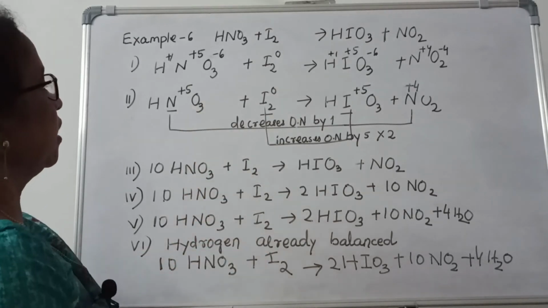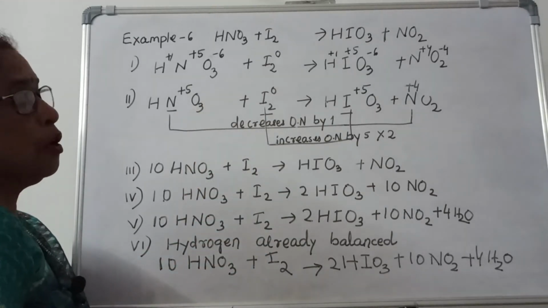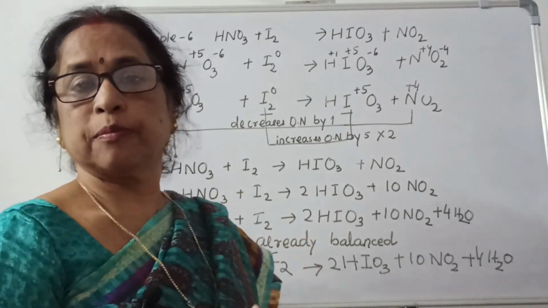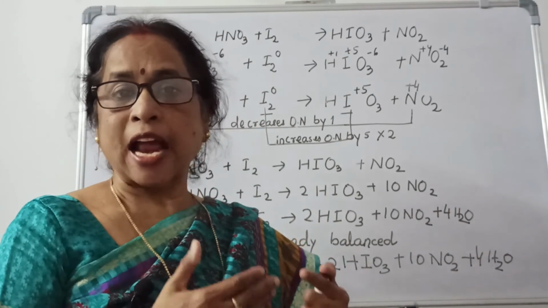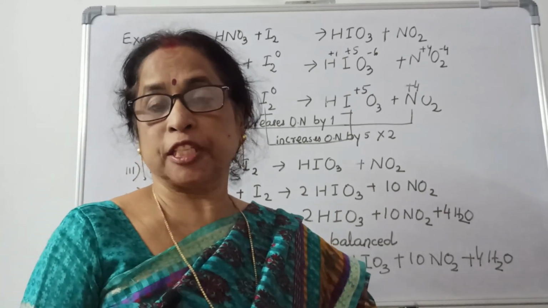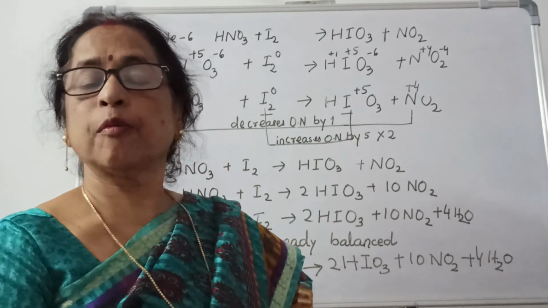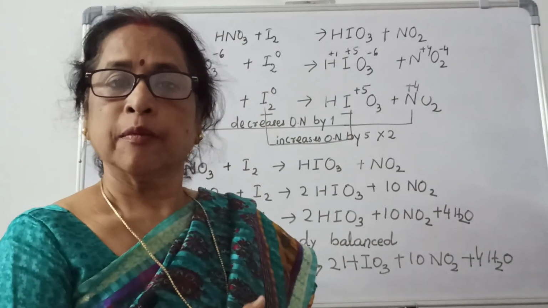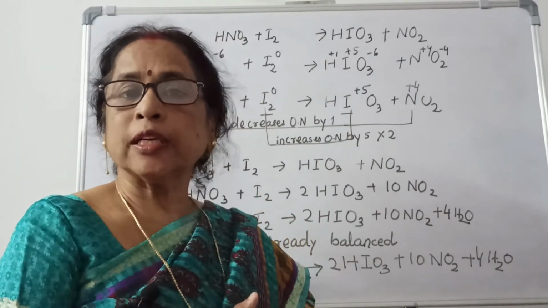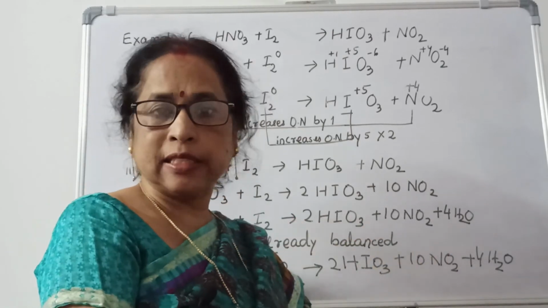Again you can check here. First, what is our duty? We will find the oxidation number of each atom in the equation. Second step, we will see which atoms undergo oxidation number change and how many times it increases and how many times it decreases. According to that, in the third point we will equate the oxidation number on the reactant side.